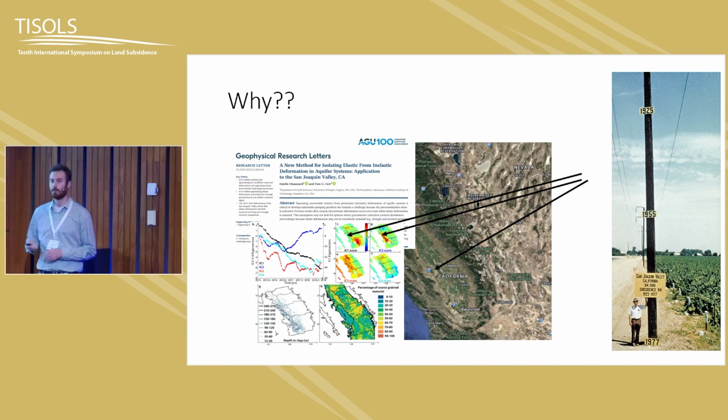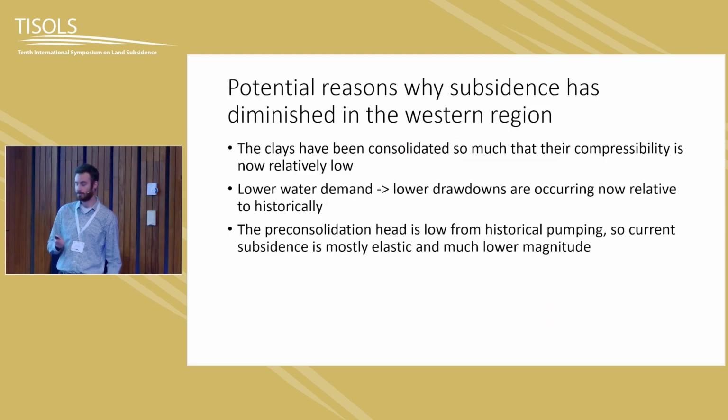There's some different reasons why that might be the case. And again, we got some of the background on that. We had some surface water coming into that portion of the valley starting in the 60s, I believe. So that's part of the story. There's a few other reasons why we could have less deformation there right now, right? So there's been a lot of consolidation there.